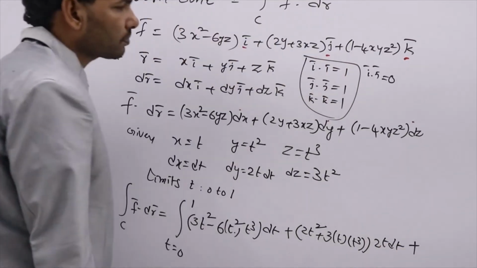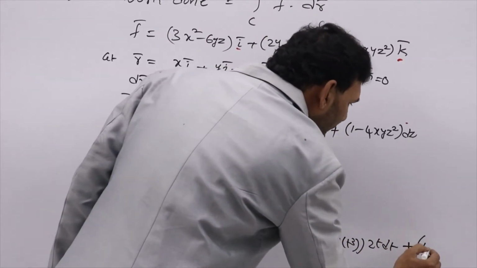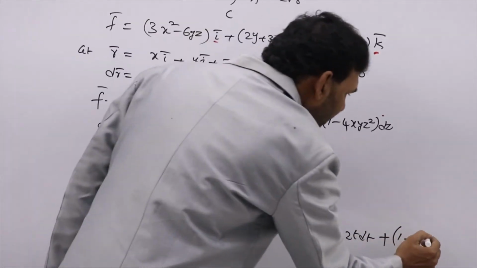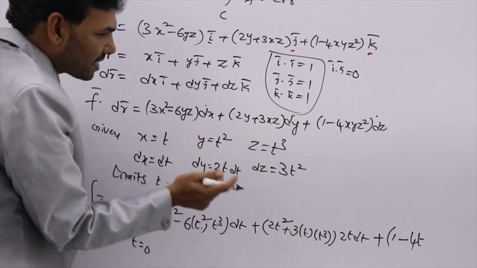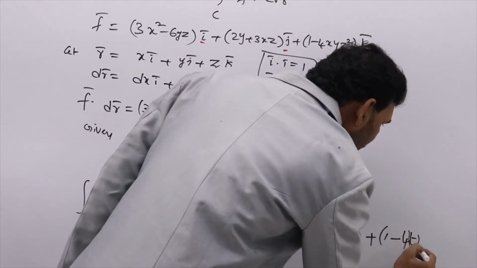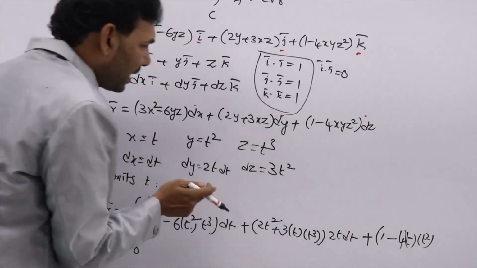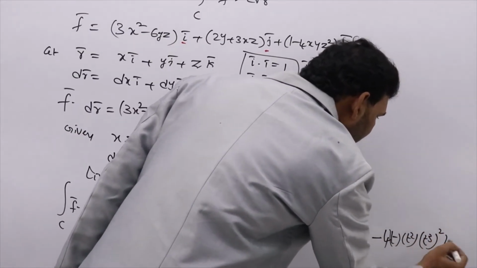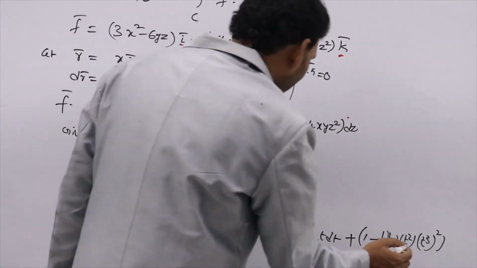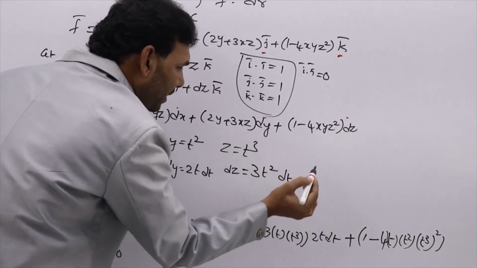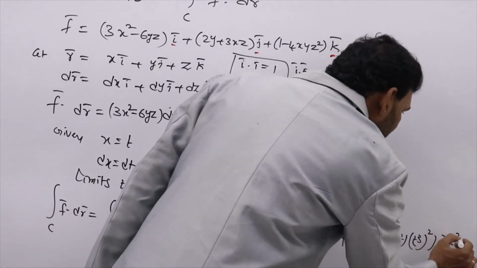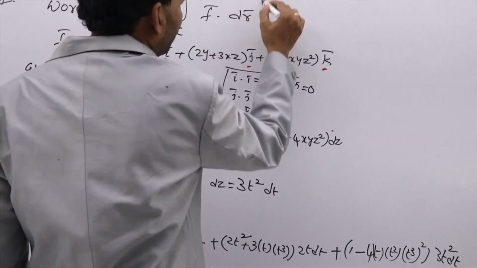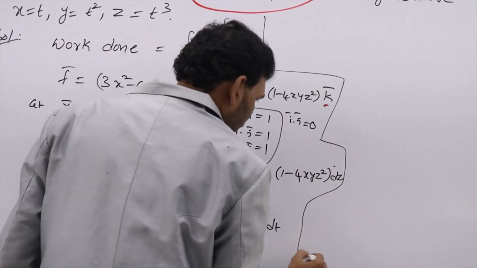Plus, coming to here, 1 minus 4, x is t, y is t square into t square, z is t cube, whole square, into dz. dz is 3t square dt. Now we need to simplify very carefully to get the work done by the force.